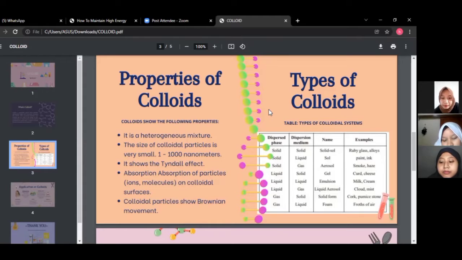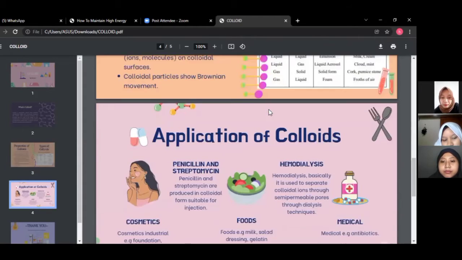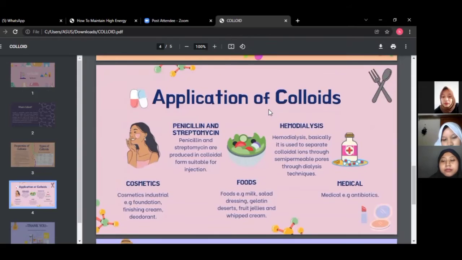And next, maybe we can move to the application of colloids. So for application of colloids, here we have in cosmetics industries, such as foundation, finishing cream, deodorant, and etc. And in medicine, also we have antibiotics such as penicillin and streptomycin.